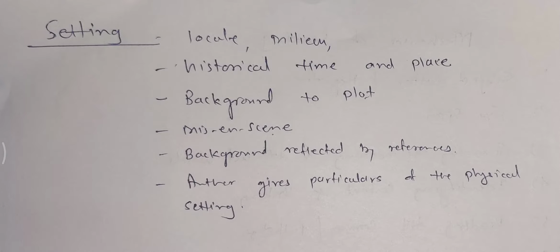So sometimes the natural background or the objects or images that find the reflection in the plot and states of mind of the character may get some kind of meaning, and that significant meaning is reflected in the plot, and in turn they become the symbols.